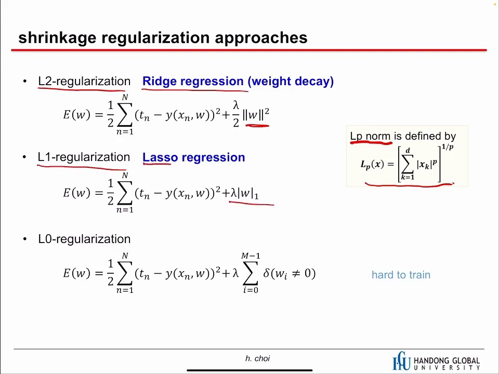Then we will get the lasso regression. And if we have an L0 regularization, then we can define these equations, but it's not easy to train because we have to think about the combinatorial problem here. But in this case, we can take some derivative and we can find the solution. So usually ridge regression or lasso regression are popular regression methods.